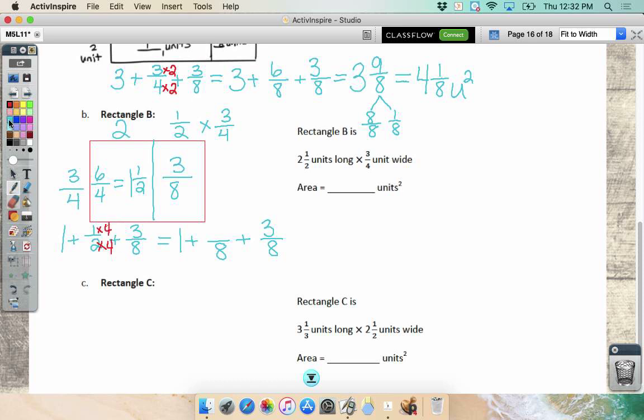So 1 times 4 is 4. And that makes sense. 1/2 equals 4/8. So this one's pretty simple, actually. So I've got 1, and then I got 4/8 plus 3/8. So what's my answer? 2 and 1/8. Oh wait, 1 and 7/8. And that's square units.